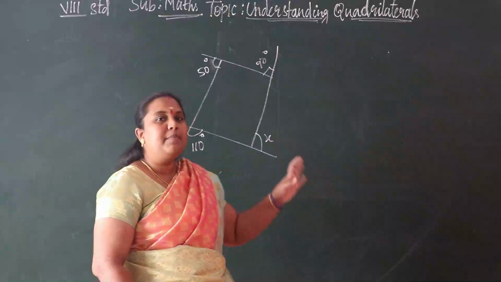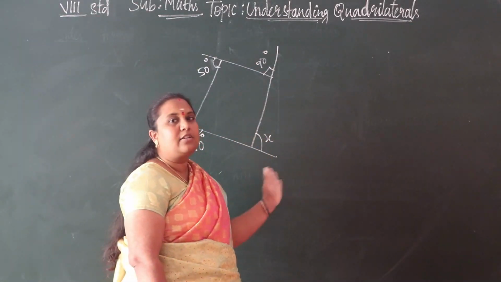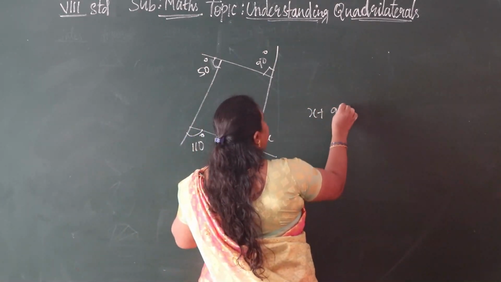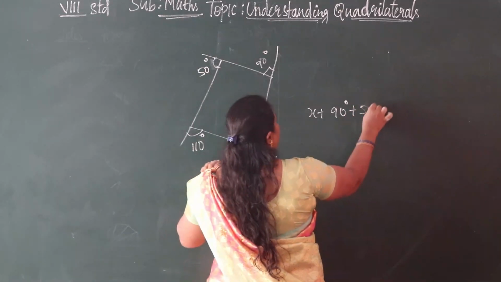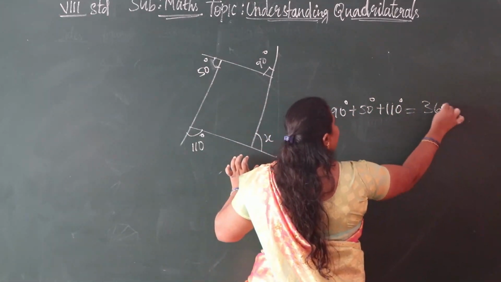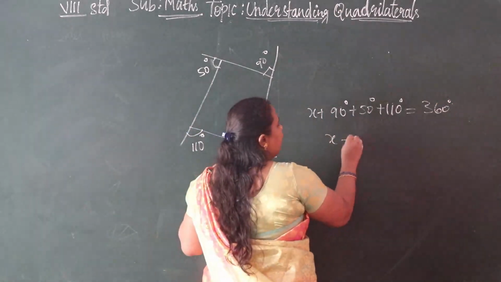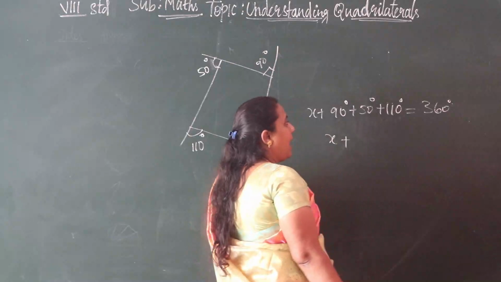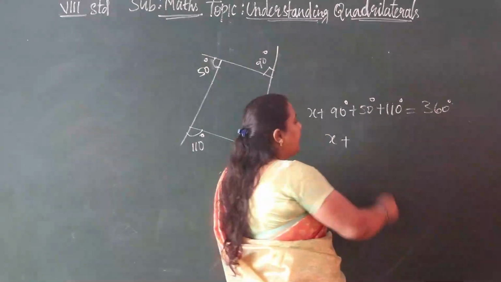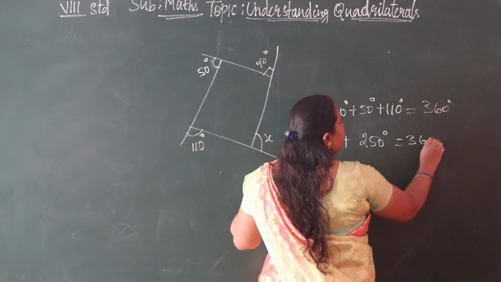What is the measure of the exterior angles? That is x plus 90 degrees plus 50 degrees plus 110 degrees equals 360 degrees. We are adding all these angles: 90 plus 50 plus 110 is 250 degrees, which equals 360 degrees.